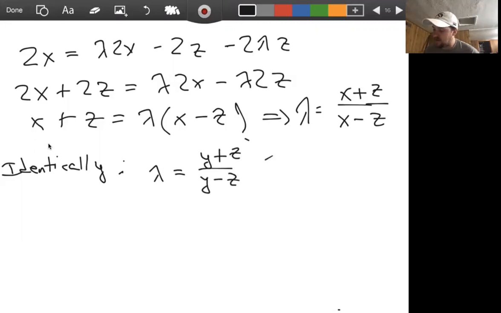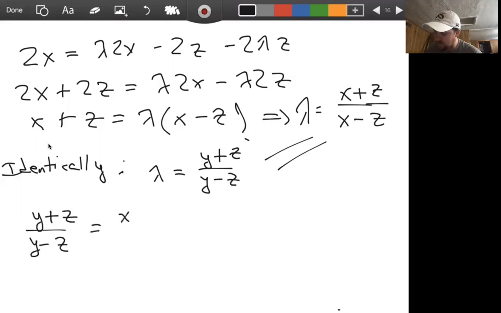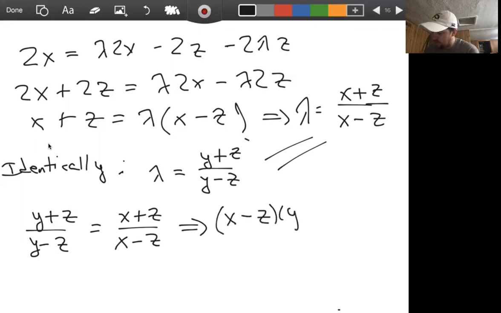Well, then I can set these equal, right? These are equal because they're both a different expression for lambda. And so I have that y plus z over y minus z is equal to x plus z over x minus z. I can cross multiply here and get x minus z times y plus z is equal to x plus z times y minus z.